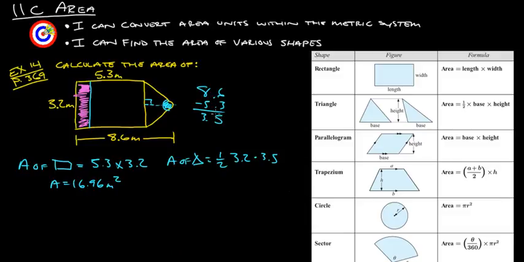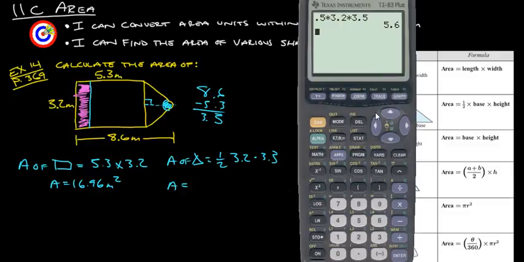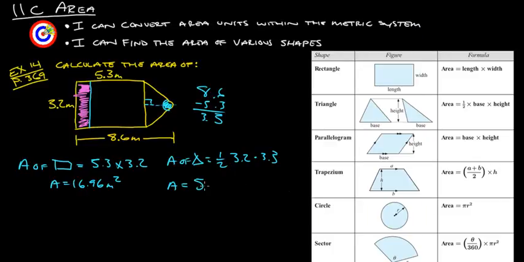Should be 3.3, 3.3. So let's try that again. So we got 0.5 times 3.2 times 3.3, and we get 5.28 instead.